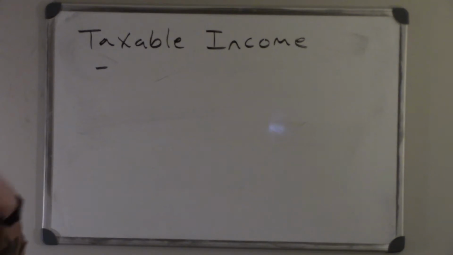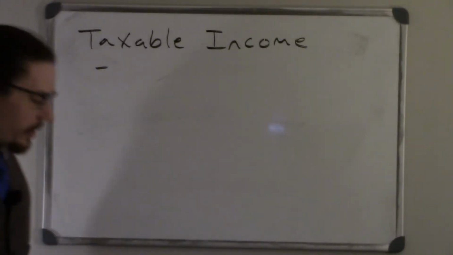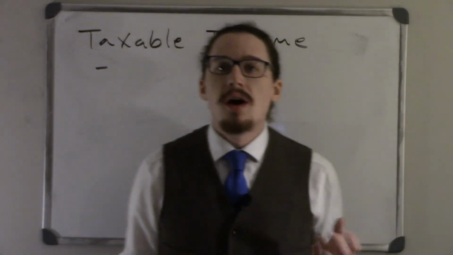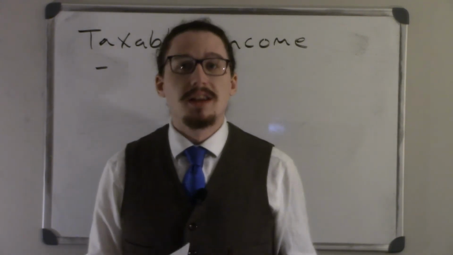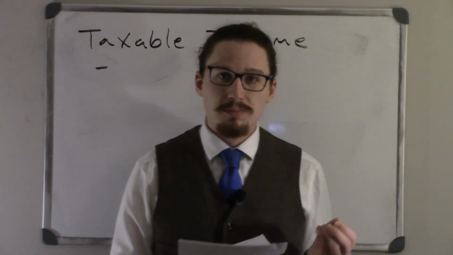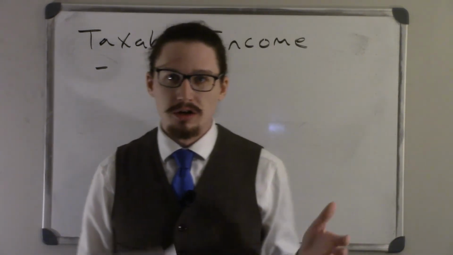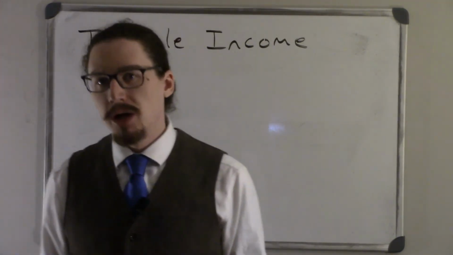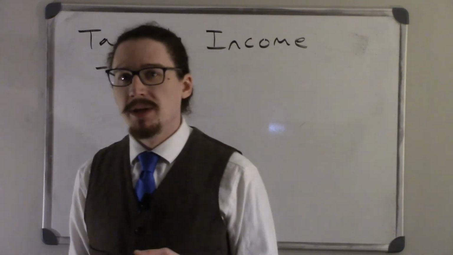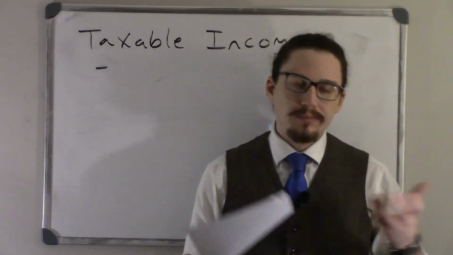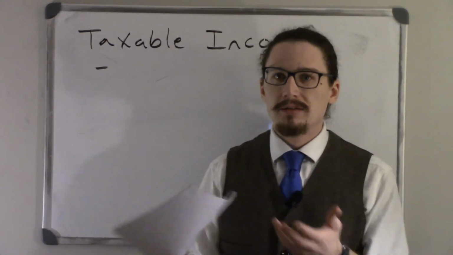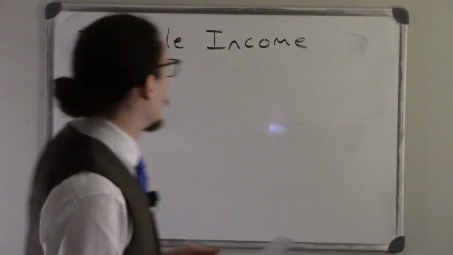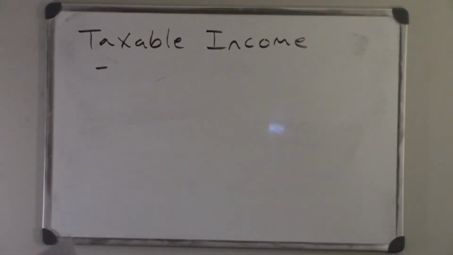Right? You do not pay taxes, or it's very unlikely that you are paying taxes on every dollar that you earn, right? And so we need to figure out, well, how much of your income is actually being taxed? What amount is the government going to try to take out of it?